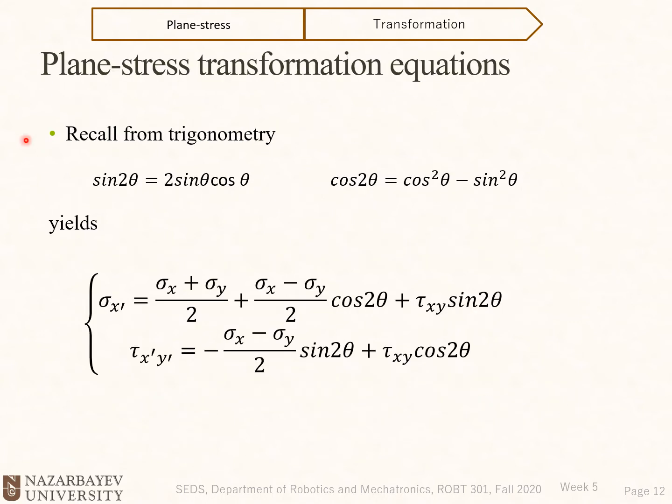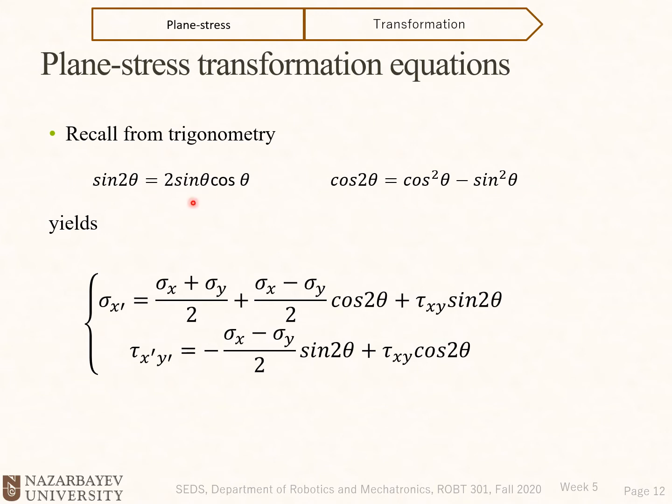Recall from trigonometry, sine of 2 theta is equal to 2 sine of theta cosine of theta, and cosine of 2 theta is equal to cosine square of theta minus sine square of theta.